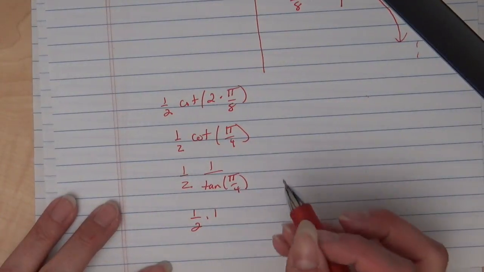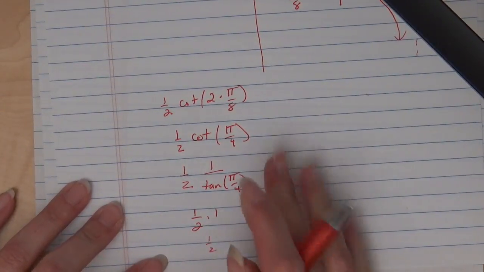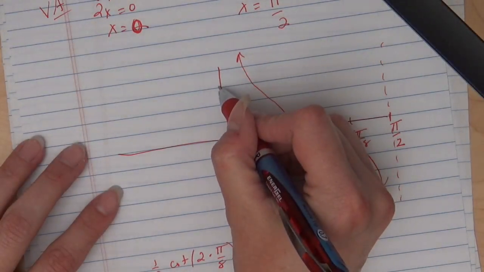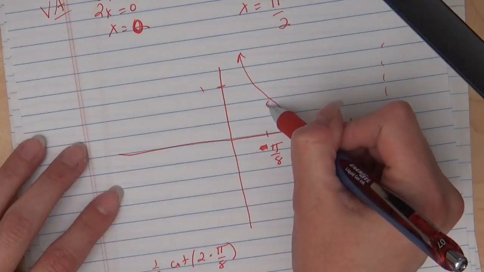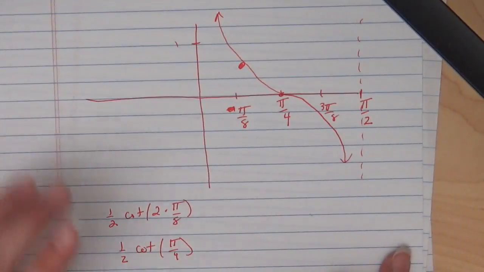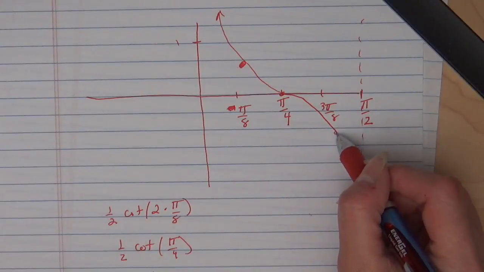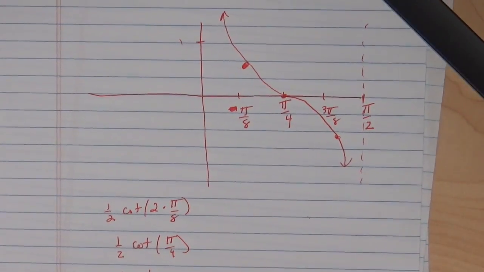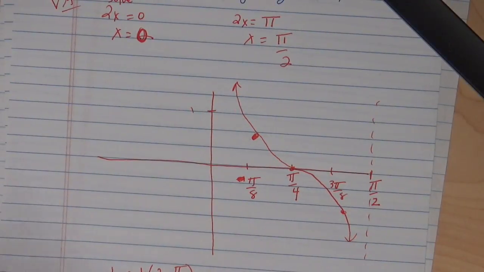So it's 1/2, that's what we're getting for our y values here. Alright, so if that's 1, then 1/2 would be right about there, like that. And then the other one should be negative 1/2 down here. So that's how you could get those points. But that's what the graph looks like for example 3.